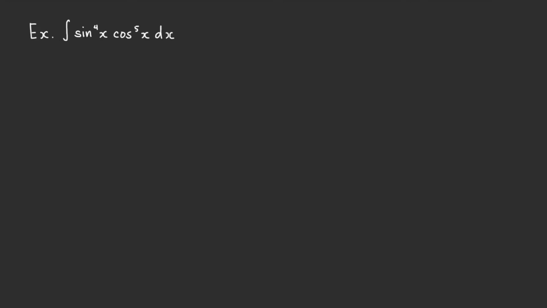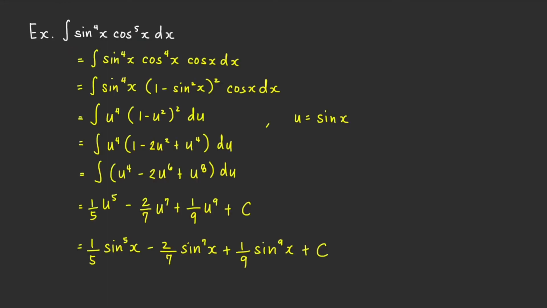Let's show some examples. Let's evaluate the integral of sine raised to 4x cosine raised to 5x dx. Since the power of cosine x is odd, we're going to factor out cosine x and write the remaining factor of the integrand in terms of sine x. We factor out this cosine x, and the remaining factor of cosine raised to 5x will be cosine raised to 4x.